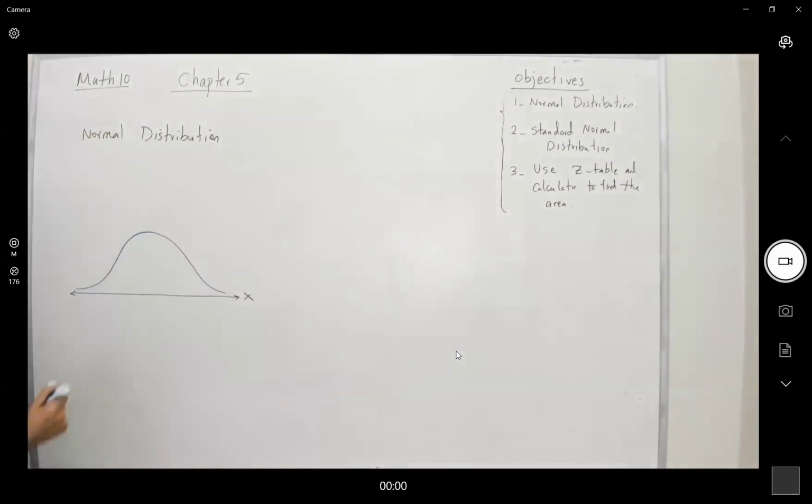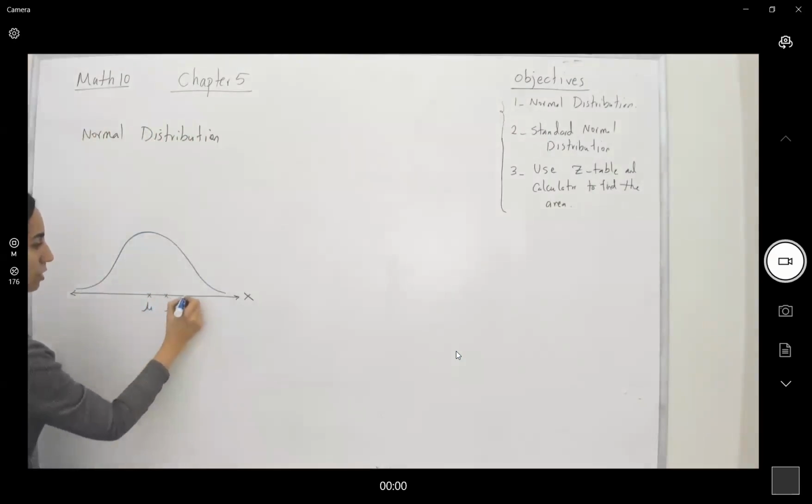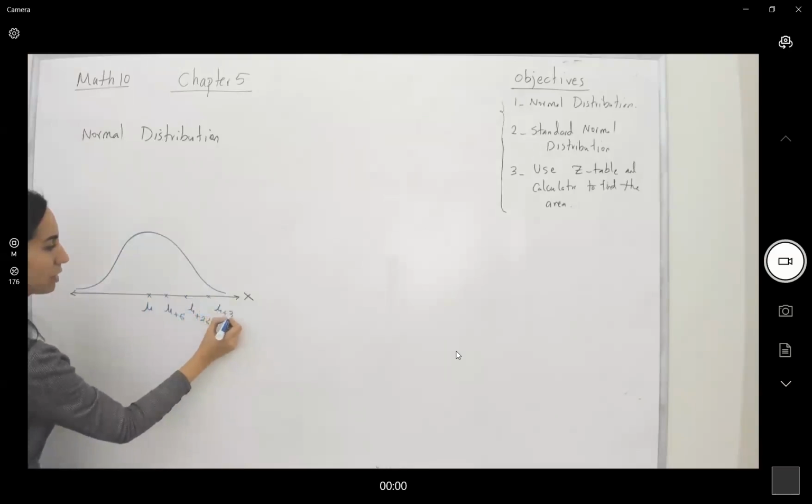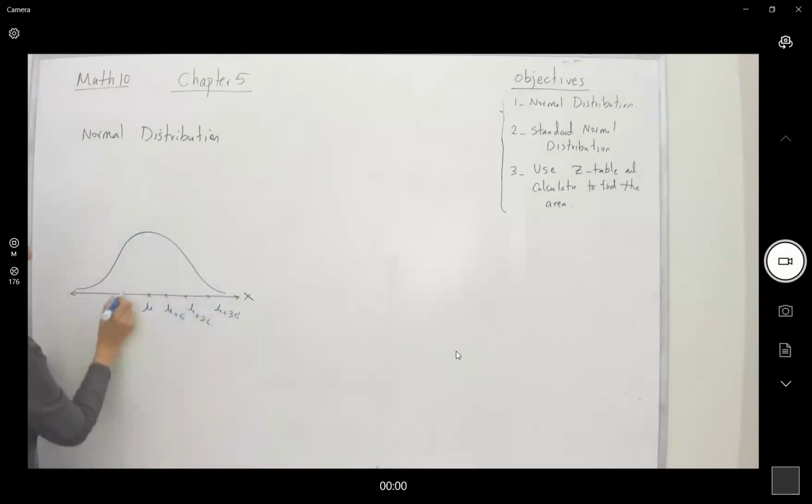Okay, so in the middle you have your mean, plus 1 standard deviation, mean plus 2 standard deviation, and mean plus 3 standard deviation. On the left-hand side of the mean, we do the subtraction. Mean minus 1 standard deviation, mean minus 2 standard deviation, and mean minus 3 standard deviation.